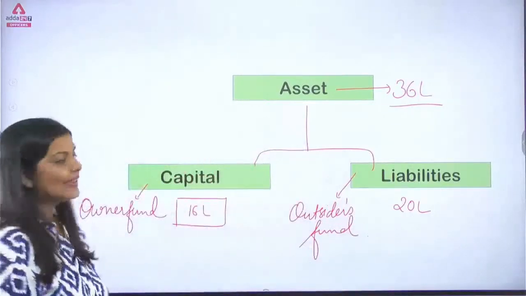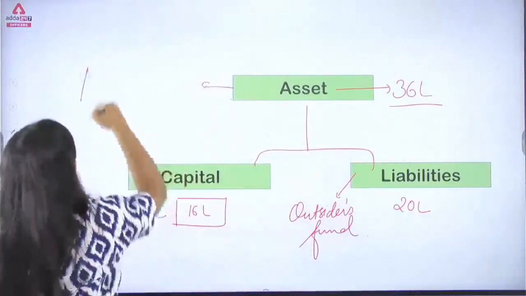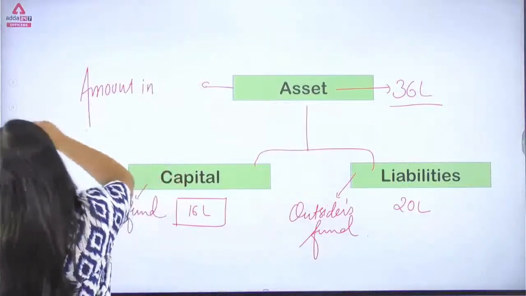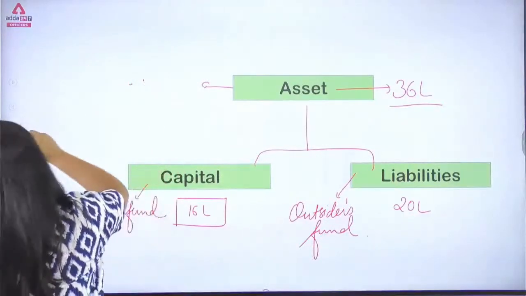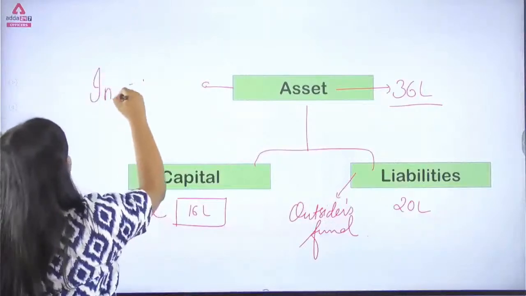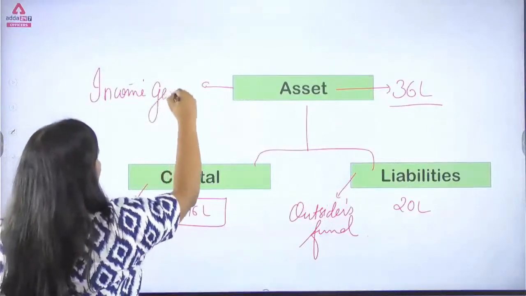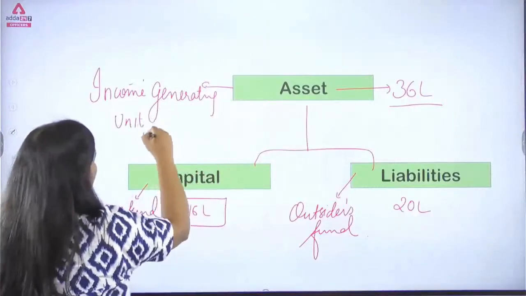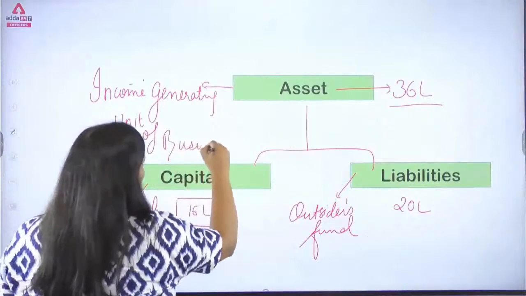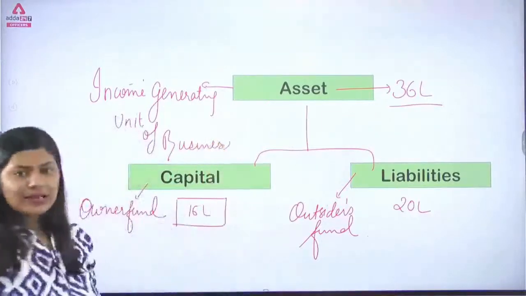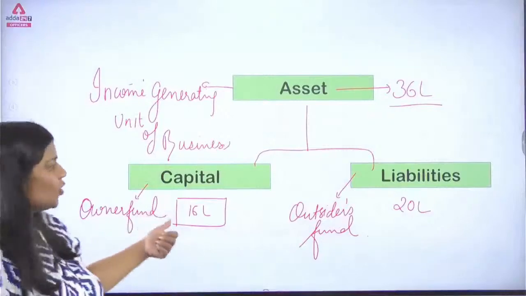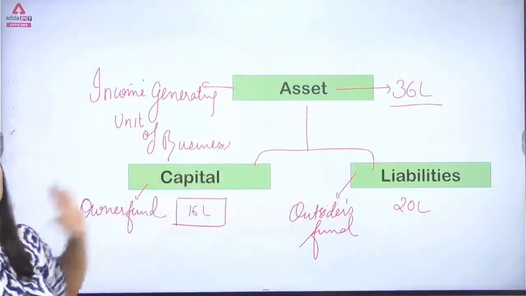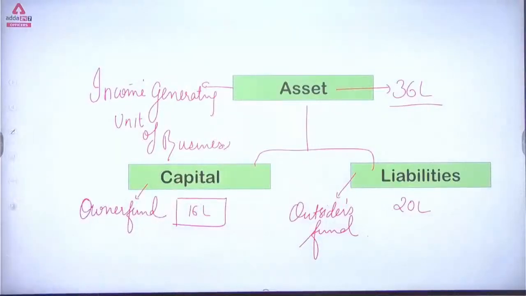Is it clear? And asset is the income generating unit of the business. So in the business, when you're investing an amount, it will be either your own fund or outsider's fund. The outsider's fund is called liability. The owner's fund is called capital. I hope this is clear.